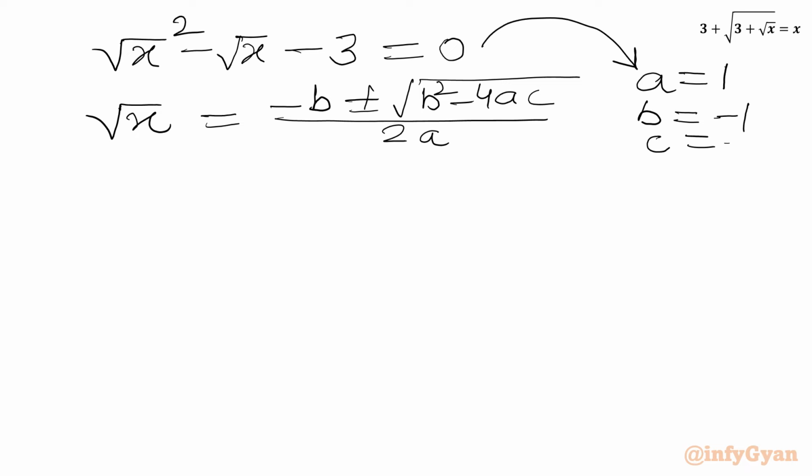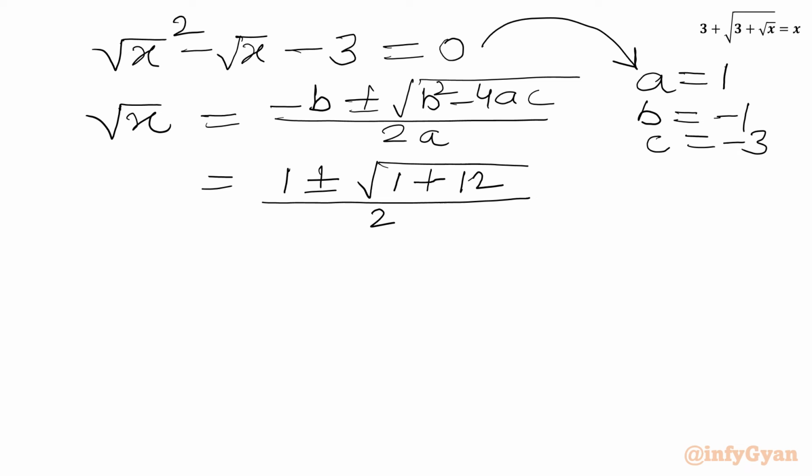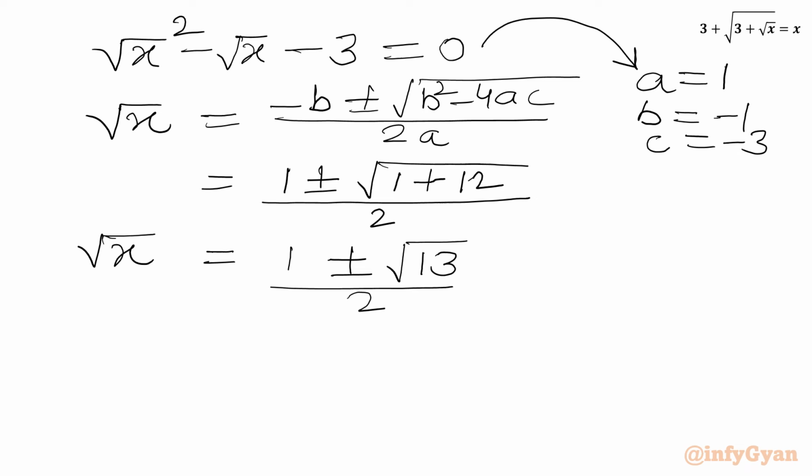C is constant minus 3. Let's plug in all the values. Minus b, so I will write here minus of minus 1 plus minus square root of minus 1 square is 1 minus 4 times 1 times minus 3. Let me write plus 12 over 2 times 1 is 2. So I will get 1 plus minus square root 13 over 2. This is the value of square root x.